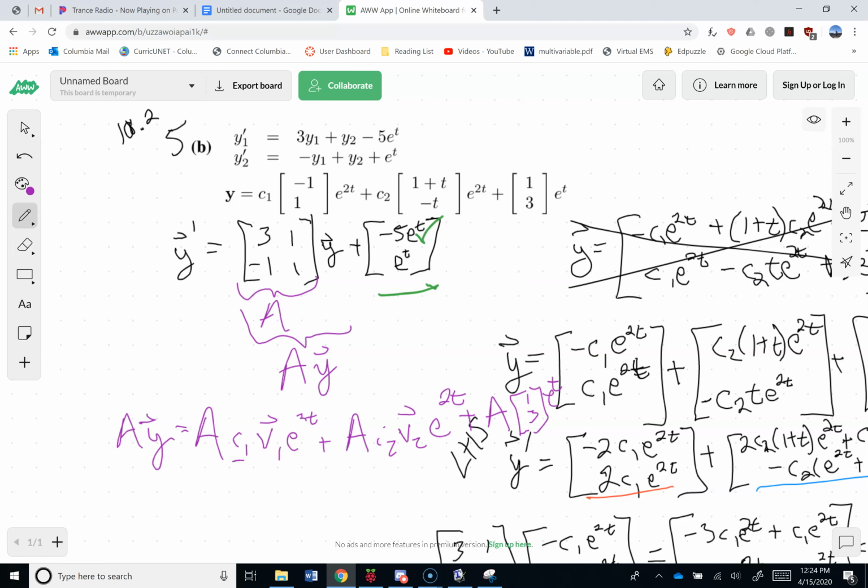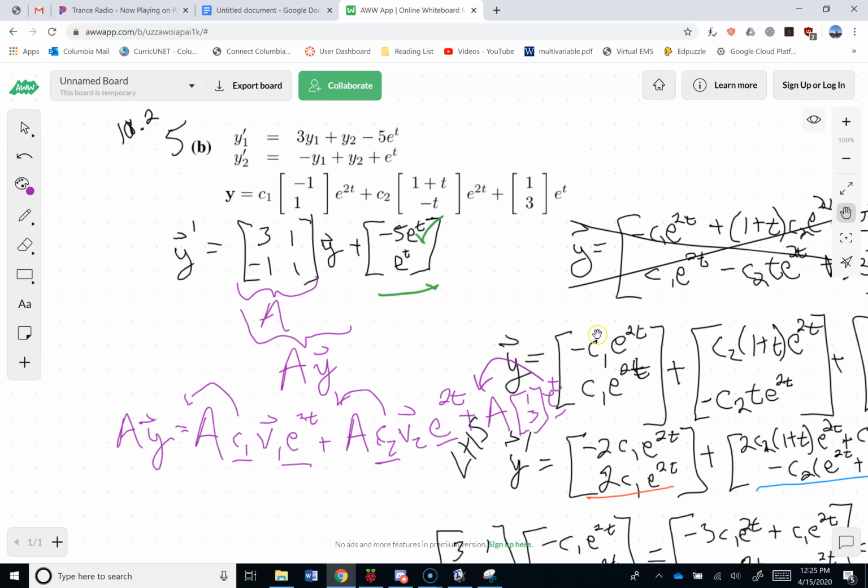And then the C1s and the e's are all scalar multiplications. Right? So those can all just be pulled through the A's.